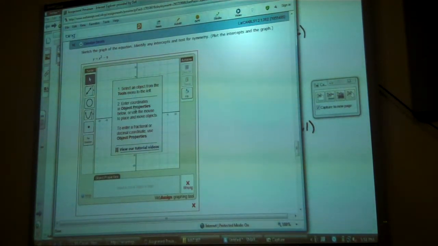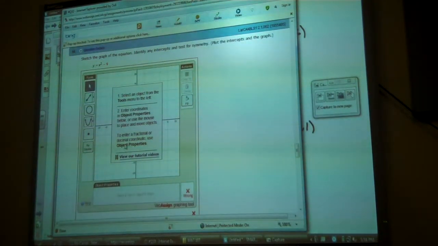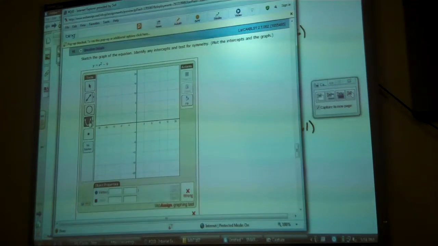Enter coordinates in object properties below, or use the mouse to place. Let's try it out. I'll make school wait. You have to click one of the points, or one of the tools.